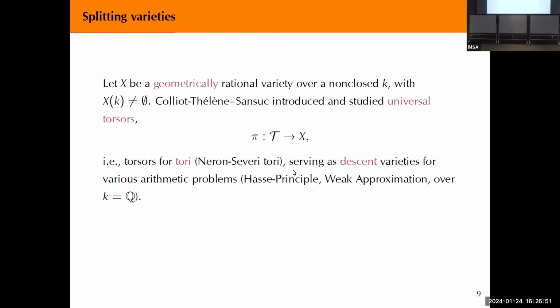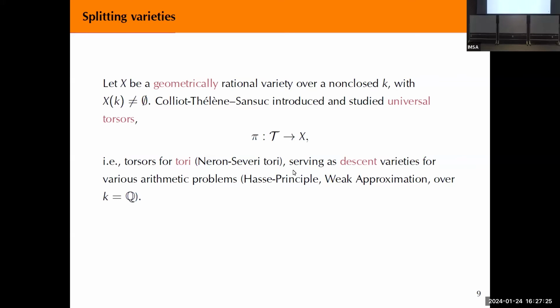Then you can look at universal torsors. These are torsors under algebraic tori, the known tori, with characters given by the Picard group of the variety. And we have torsors, and in this case the universal torsors refer to the form dual to the Néron-Severi lattice.